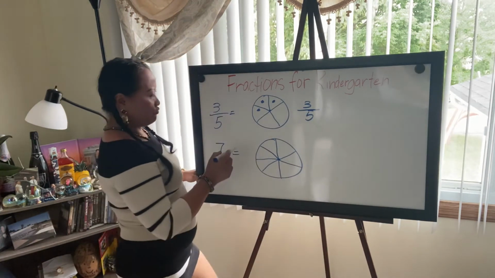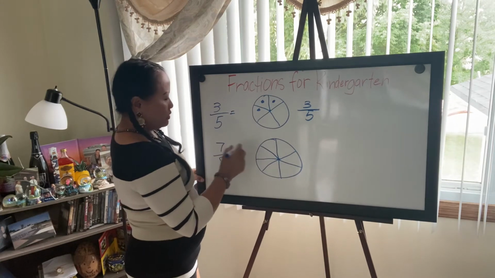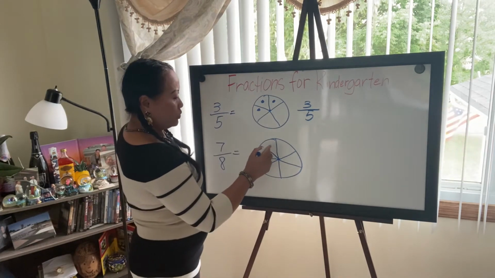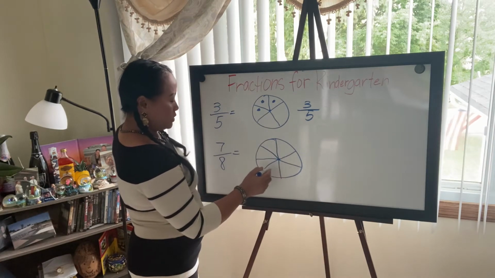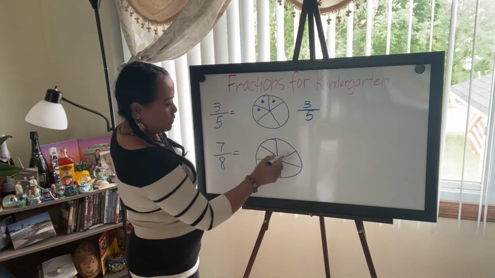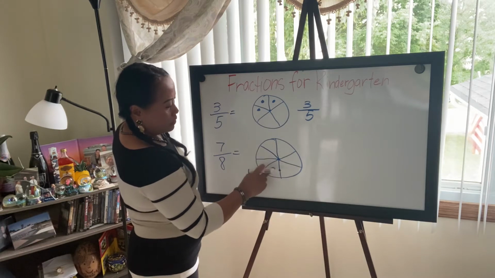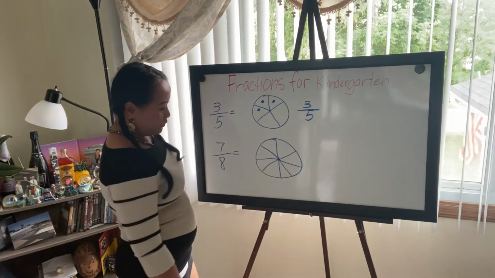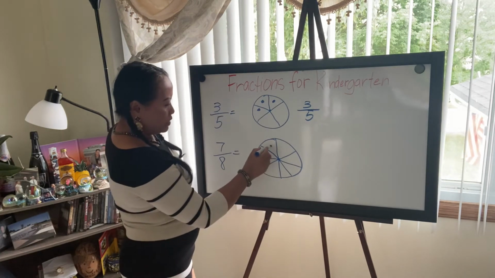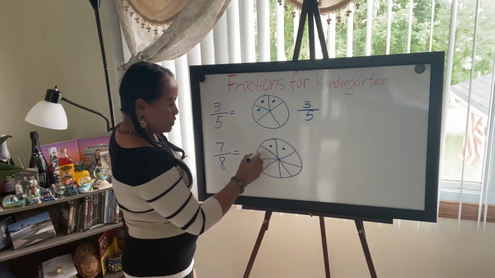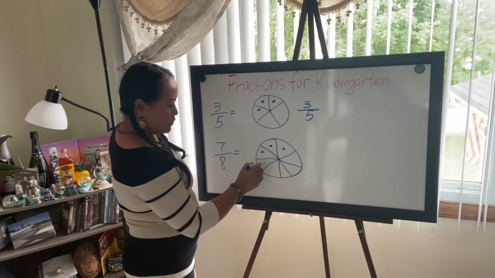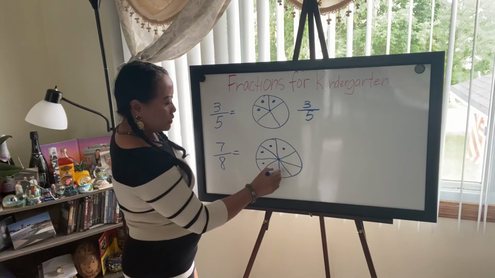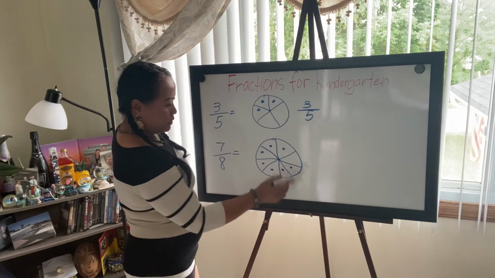Okay, next, 7. The shaded part is always the numerator. Count 1, 2, 3, 4, 5, 6, 7. Now shade them.